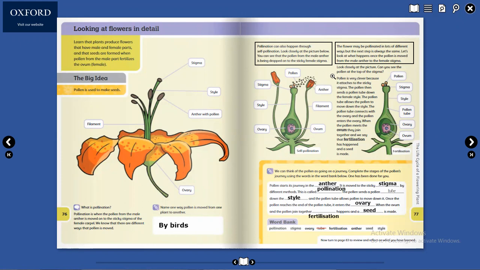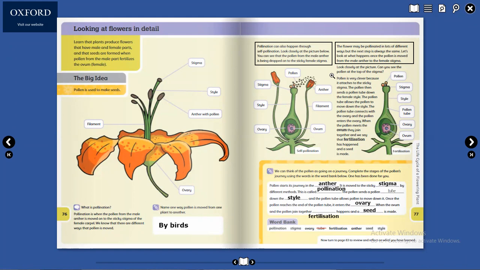Pollen is very clever because it attaches to the sticky stigma. The pollen then sends a pollen tube down the female style. The pollen tube allows the pollen to move down the style.